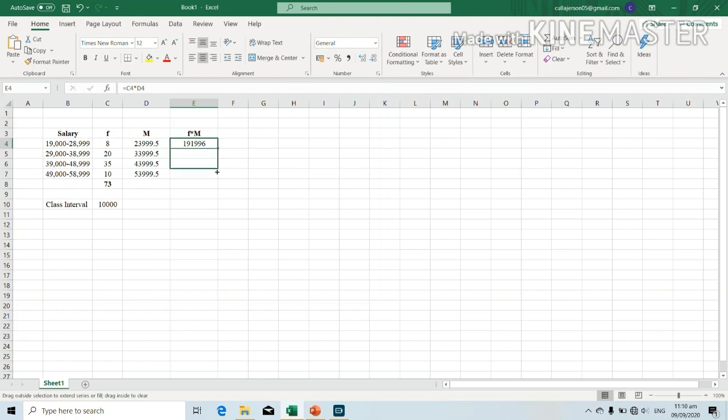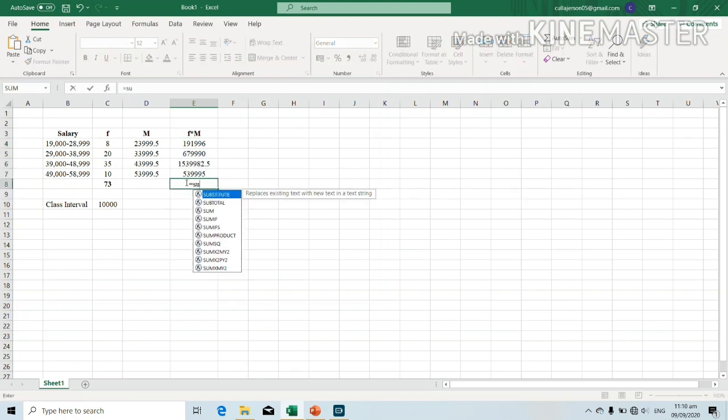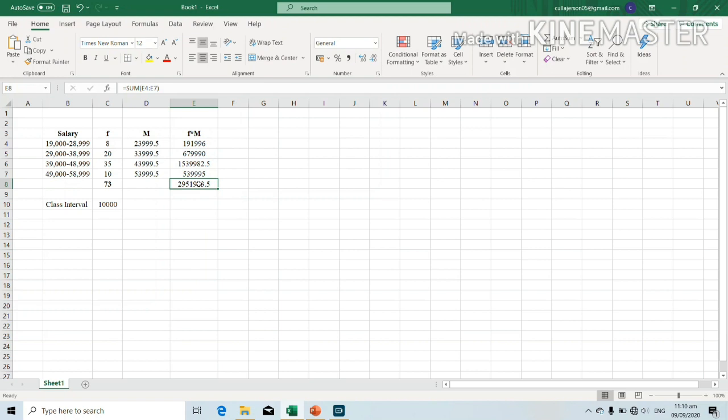Then, hilahin lang natin, then kunin natin yung kanyang sum. Ang sum ng FM ay ito. Para makuha natin yung mean, equal sa summation ng FM divided by N. Ito yung ating mean, 40,437.9.